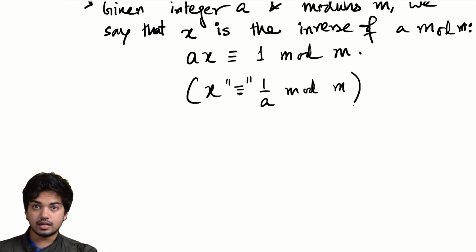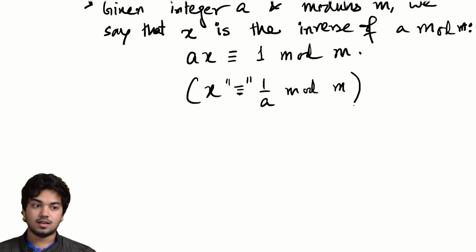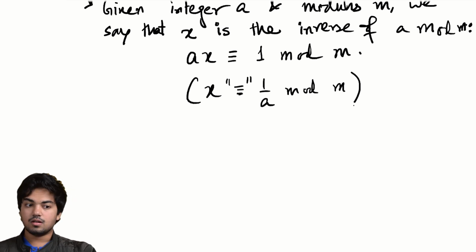That is what being an inverse means. If I ask what is the multiplicative inverse of anything, it means give me a number which I can multiply with this number to get 1. That does not naturally exist in the integers, so we make up new numbers and call them half and so on. The thing about working mod m is that you only have finitely many numbers, 0 up to m minus 1.